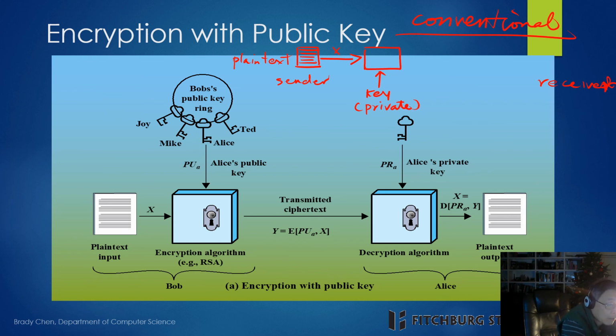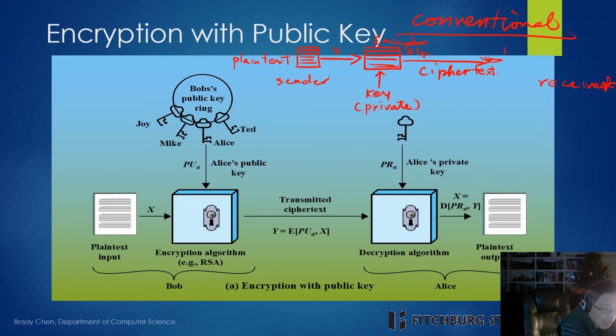The plain text is mixed with the private key through the encryption algorithm. This generates something called a ciphertext, which is the encrypted message. So a third party may not be able to see it if they don't know the key. Then the ciphertext is sent to the receiver.